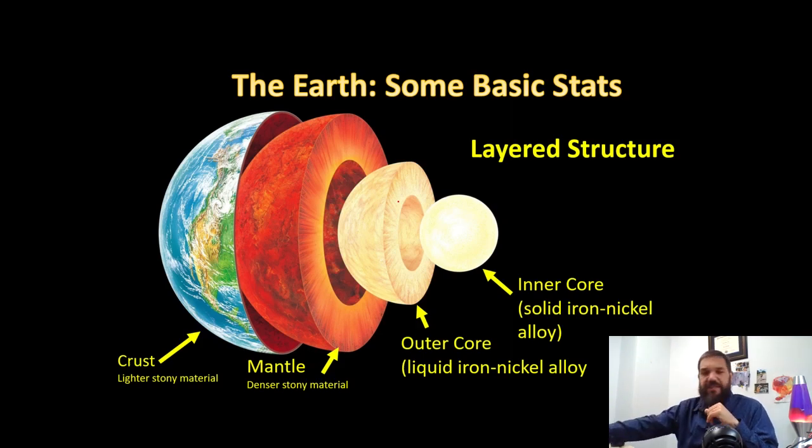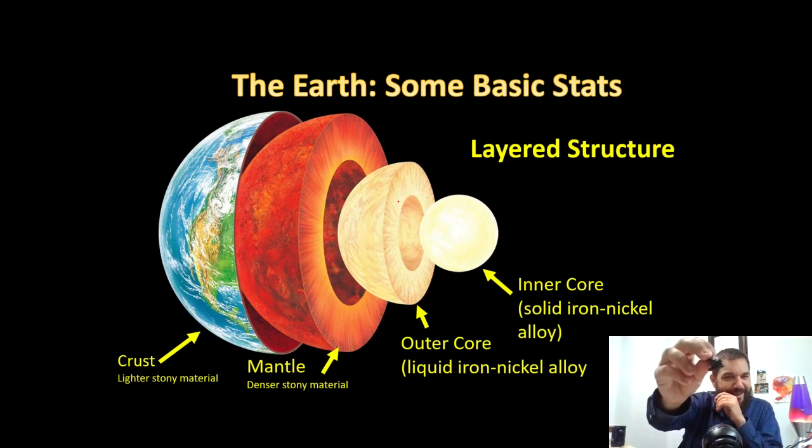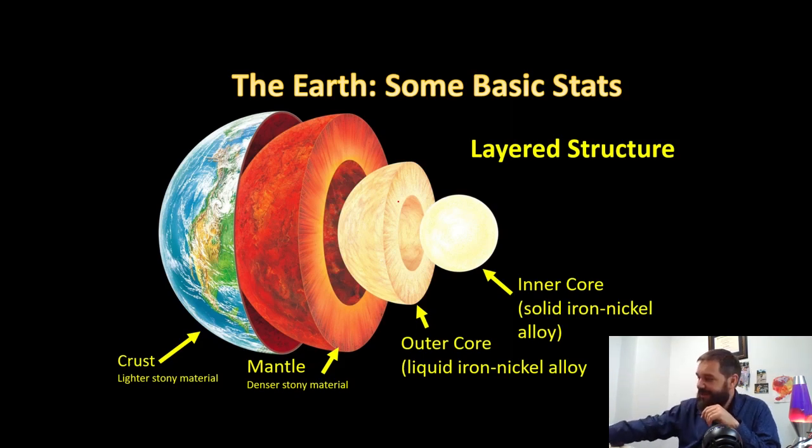So if we were to take a sample of these little pieces of the core, did anybody think about where I might have gotten these yet? If you haven't figured it out yet, these are actually iron meteorites. Believe it or not, you find these on Earth sometimes. Iron meteorites, I kid you not, are the cores of planets that exploded early in Earth's history.